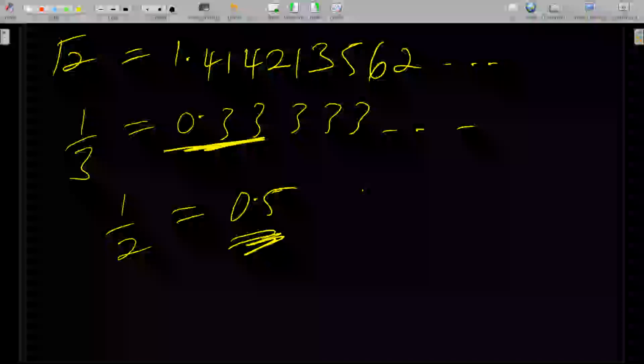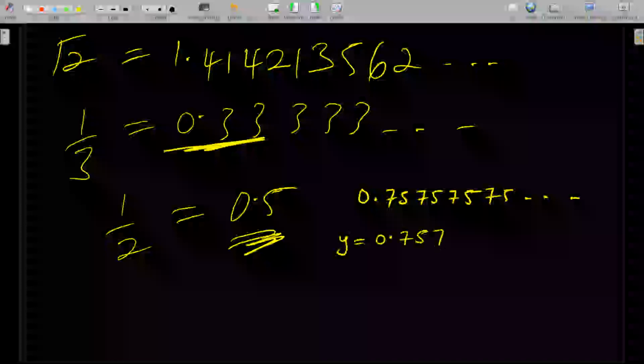So you can have another example like 0.75757575 going. You can change this to a fraction using a technique that most of us might have met before. What you have to do is simply let y be equal to 0.75757575 going like that. Since two numbers are repeating, you multiply by 1 with 2 zeros.